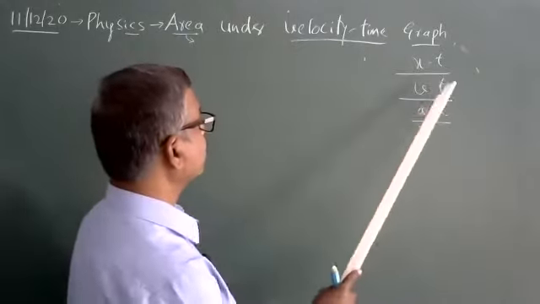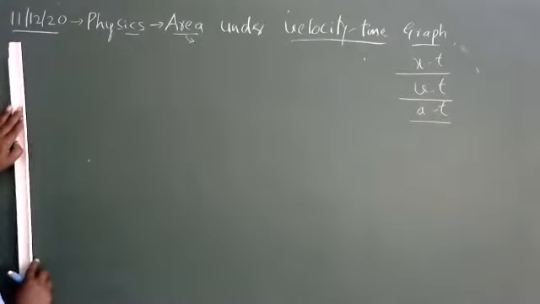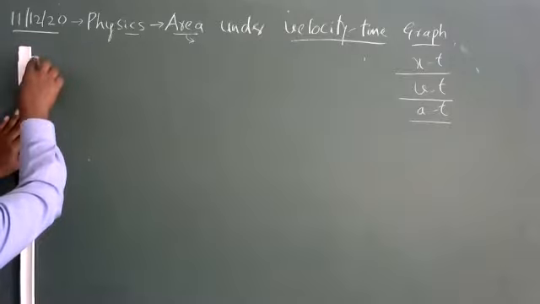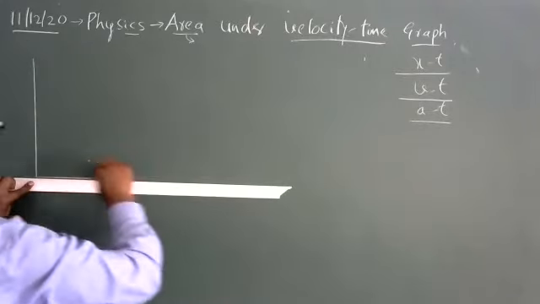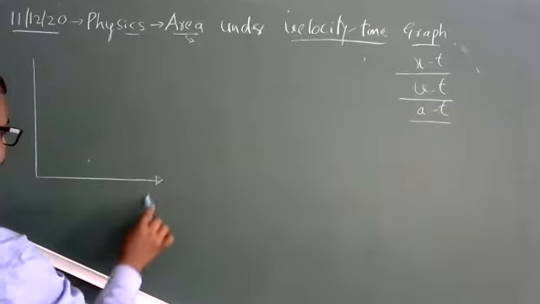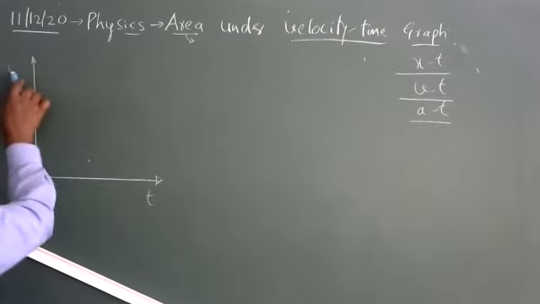Now let me understand what a vt graph is. This is called the velocity-time graph. For a velocity-time graph, I need to have velocity on the y-axis and time on the x-axis. Time is here and this is your velocity.